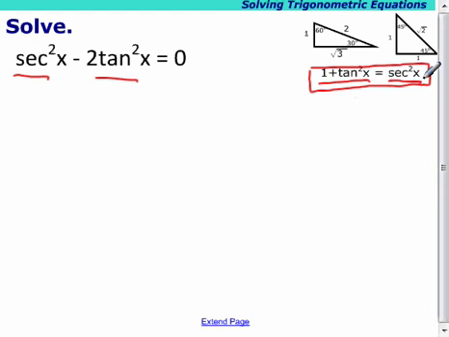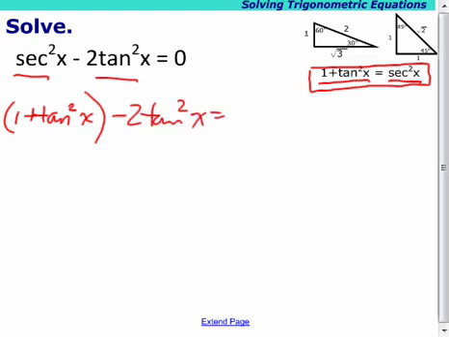So I have a secant squared. I'm going to replace it with 1 plus tan squared. So instead of secant squared, my identity says I can replace that with 1 plus tan squared, minus 2 tan squared x is equal to 0. Notice that now by doing that, I only have one type of trig ratio.